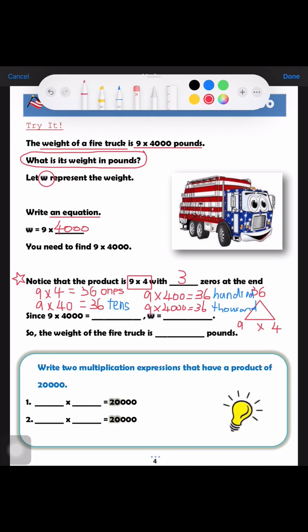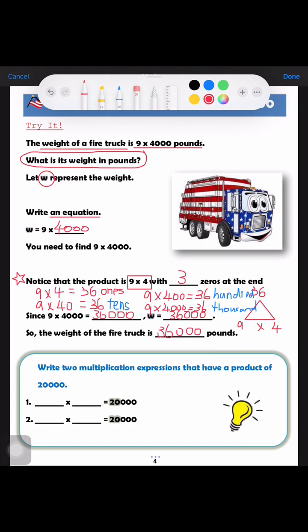So 9 times 4,000 equals to 36 thousands. So it is 36 plus 3 more 0 at the end. So W equals to 36,000. The weight of the fire truck is 36,000 pounds.